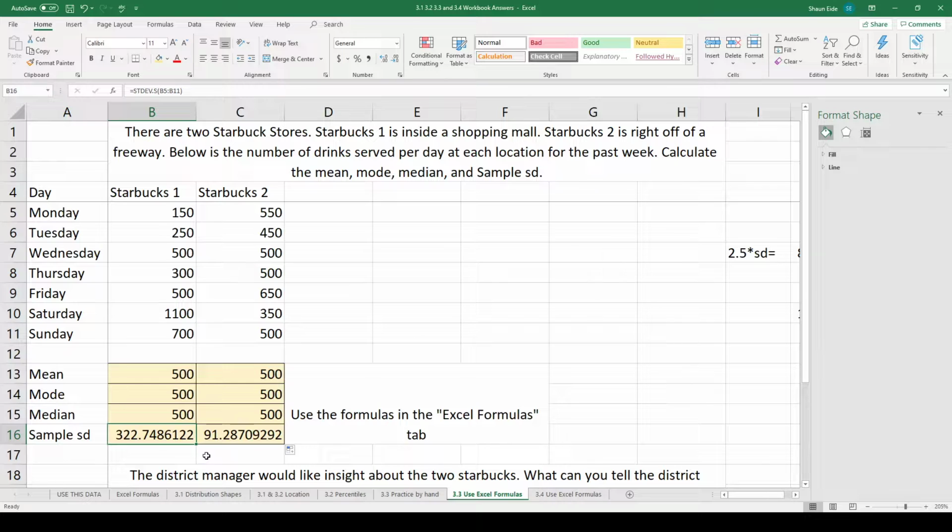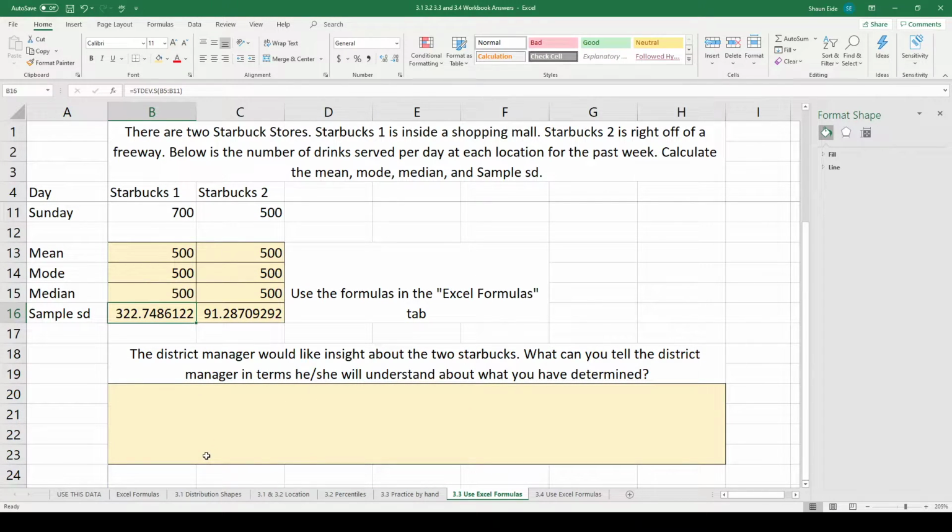The district manager wants a little bit more insight into these 2 Starbucks, so what can you tell the district manager in terms of the way that the district manager would understand? I would say, hey, Starbucks 1 doesn't seem to be quite as consistent day over day. There's a lot more variability. Sometimes they're selling a lot more, sometimes they're selling a lot less, while Starbucks 2 is selling very consistently all throughout the week.